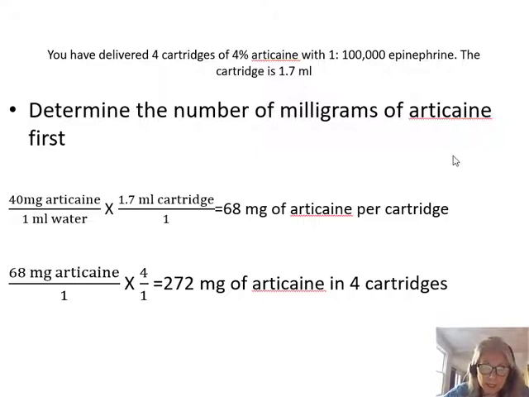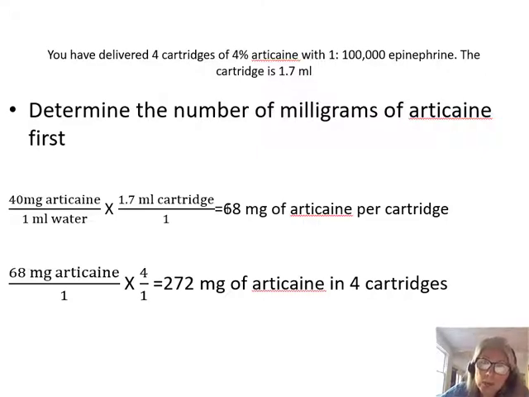So 4% means 40 milligrams of articaine is contained in every 1 milliliter of water. The local anesthetic cartridge that we use is 1.7 milliliters. So here we can see the mLs cross out, one's on the top, one's on the bottom, and we end up with 68 milligrams of articaine in each cartridge.